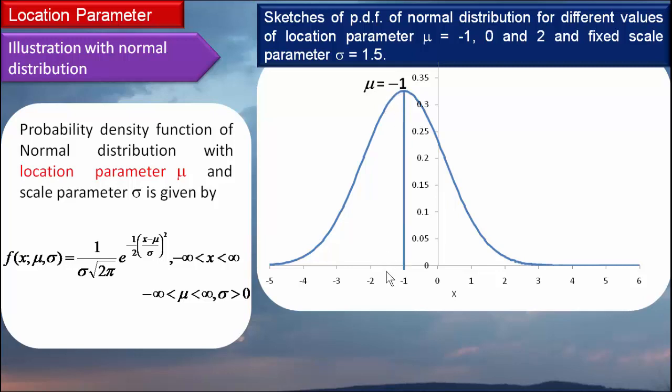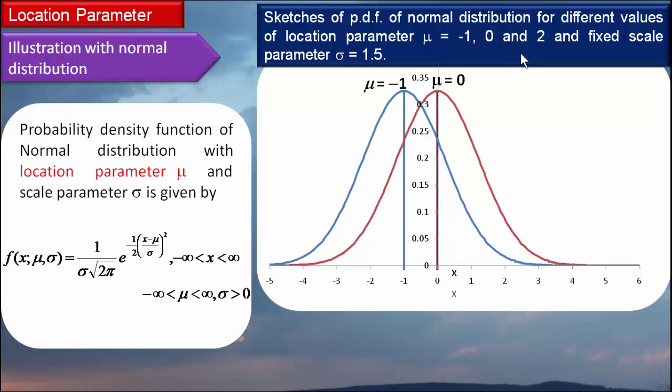It is symmetric about x equal to -1. Now we change the location parameter to 0. This is the graph of normal distribution with mu equal to 0. It is symmetric about mu equal to 0, meaning the graph has shifted from location -1 to 0.